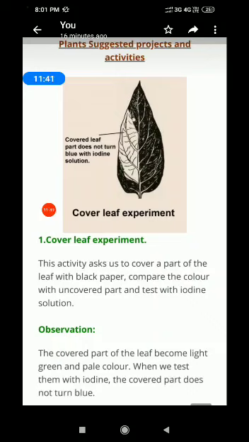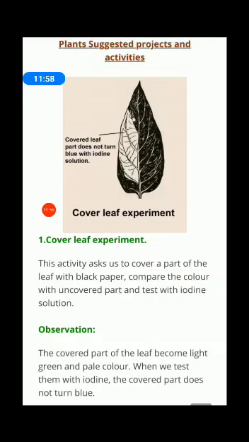Listen, this activity asks us to cover a part of the leaf with black paper. Compare the color with the uncovered part and test with iodine solution.